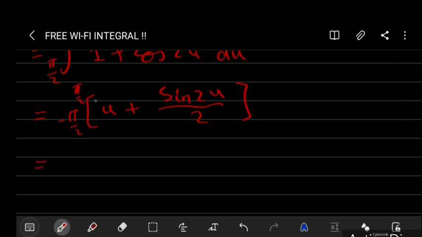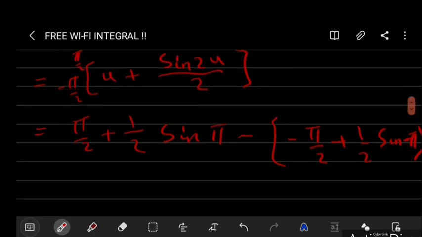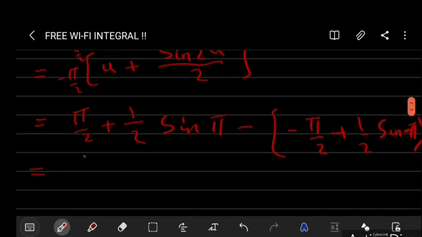So I can substitute with pi over 2, so this will be pi over 2 plus half sine pi, because this is 2u, minus, I can substitute with negative pi over 2, so this will be negative pi over 2 plus half sine negative pi, because this is 2u. So that's very easy to evaluate.